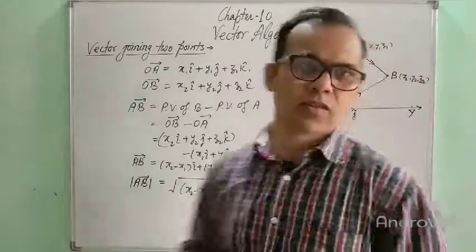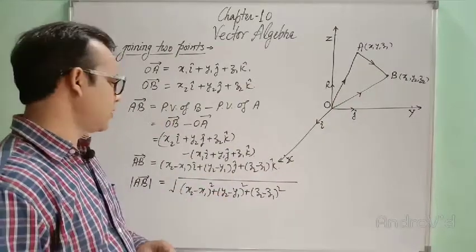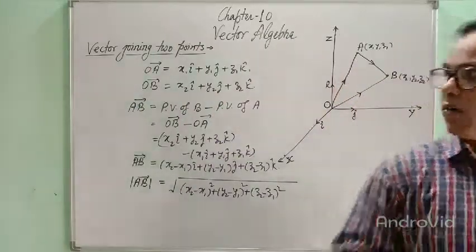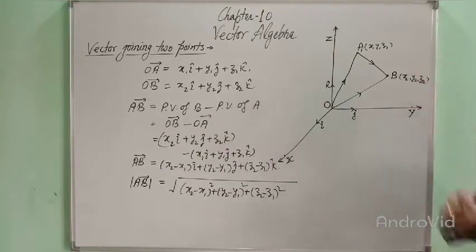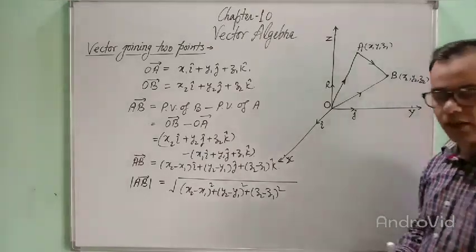So this way we learnt how to get the vector that joins 2 points having the coordinates x1 y1 z1 and x2 y2 z2.